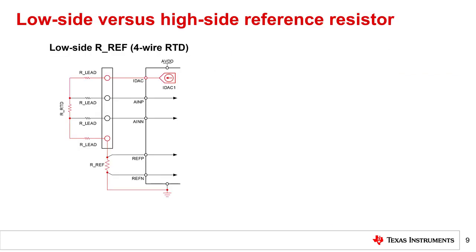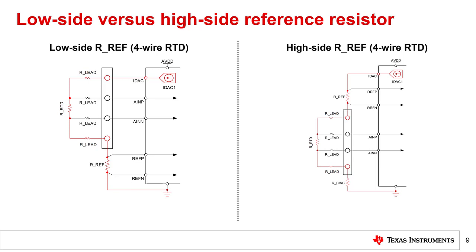All of the RTD measurement circuits shown in this presentation so far have used a 4-wire RTD with a low side reference resistor, similar to the image on the left. A low side reference resistor positions RREF between the bottom of the RTD and ground as shown. However, the image on the right shows an RTD measurement system using a high side reference resistor.